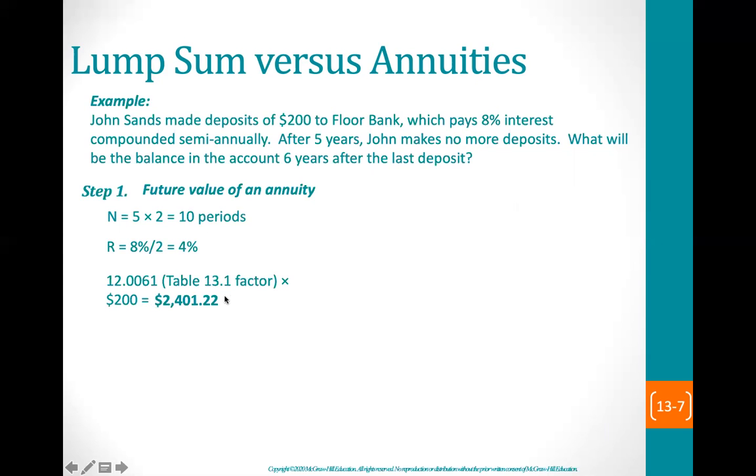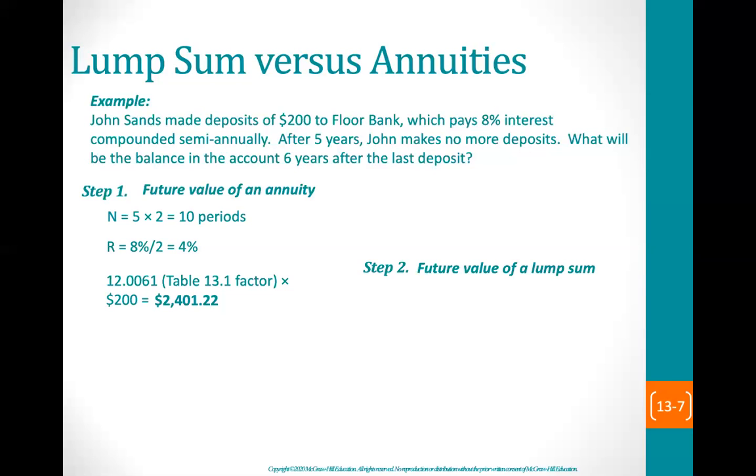So in our Table 13.1 lookup, he has $200 that he's been putting in to get interest on. So 200 times our table lookup of 12.0061. His balance is $2,401.22 at the end of the 5 years.